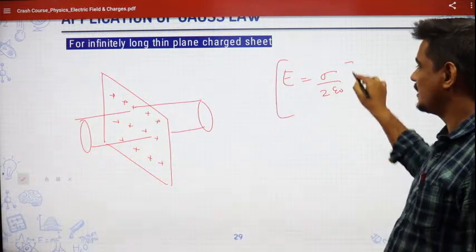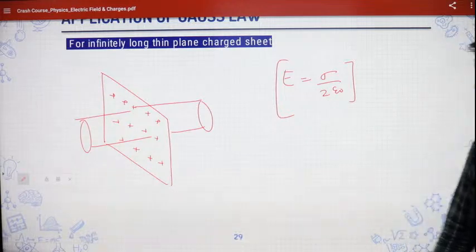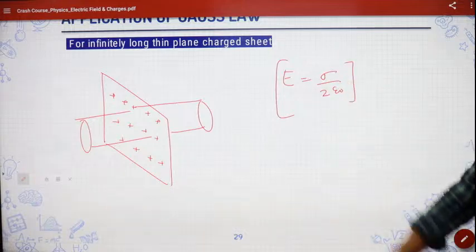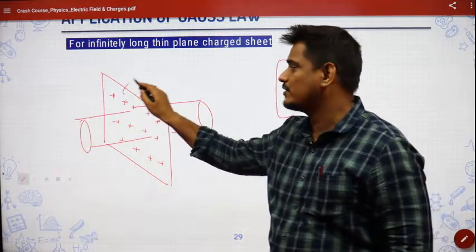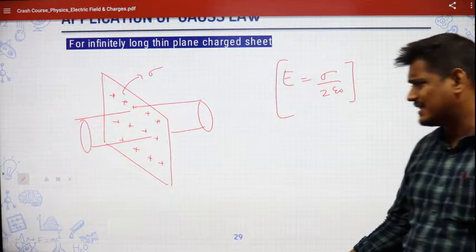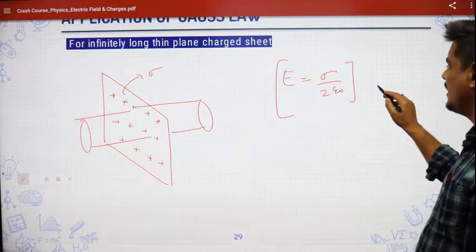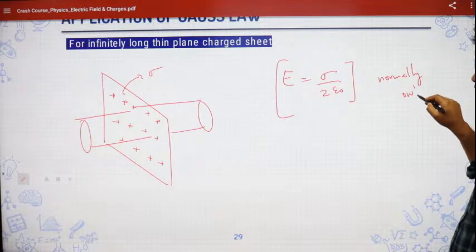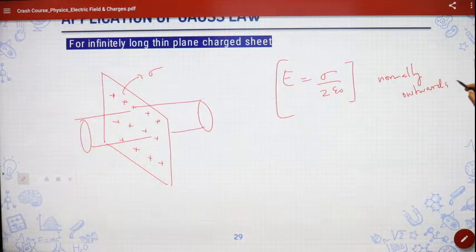Sigma is the surface charge density, q by A or dq by dA. So the electric field due to a charged sheet having a surface charge density of sigma will be equal to sigma by 2 epsilon naught. And obviously the electric field direction will be normally outwards if the charge is positive, and normally inwards when the charge is negative.